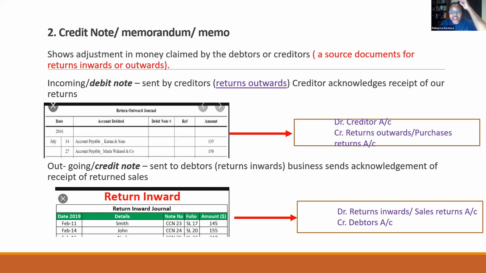I'm going to send you that document so that you have all this information as we go on. To build up our sales, we have sales less sales returns or returns inwards to get our net sales for the period, okay? So that is where sales return goes in our financial statements. I will send you a comprehensive statement so that when I talk about something, you know where it goes in the financial statement.